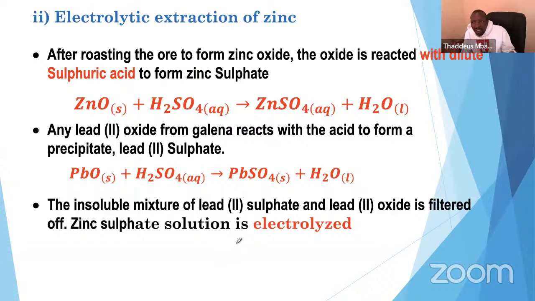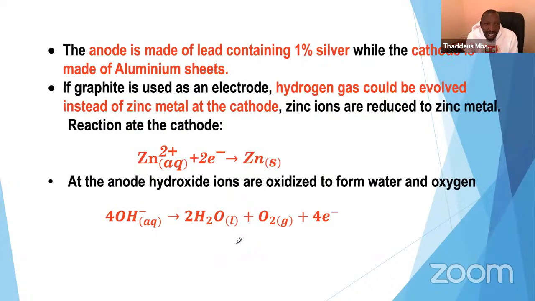So zinc can be extracted using two methods, either reduction or using electrolysis. The anode is made of lead containing silver, while the cathode is made of aluminum sheets. Correct, this kind of information is wrongly captured in the notes.